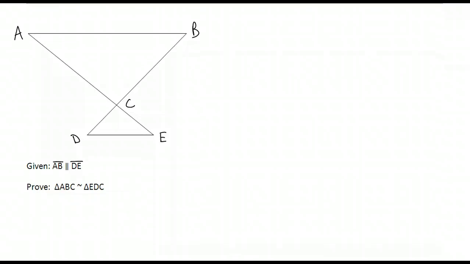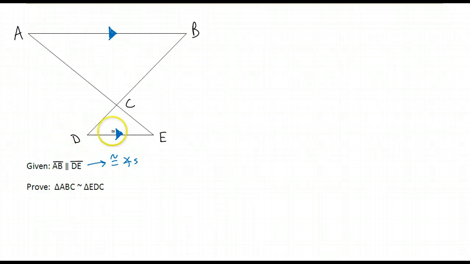Let's look at an example that involves proving triangles similar. If we look at our given, we're given that side AB is parallel to segment DE. And parallel lines tell me about congruent angles. In this case, I have parallel lines cut by 2 transversals.